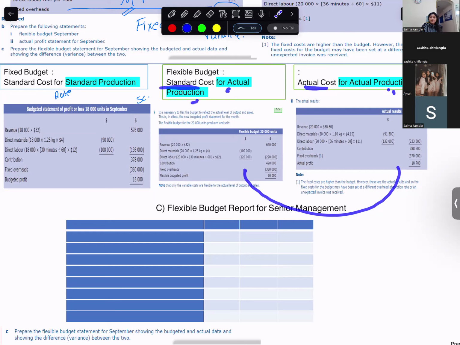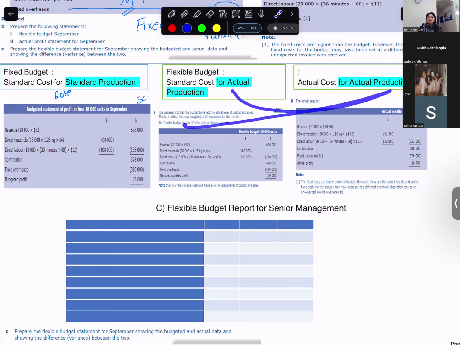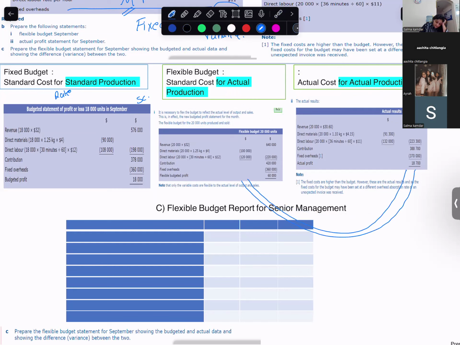This is something that you need to drill in your mind. You need to flex the budget because your production level should be the same. Now if you see over here, you are going to do variance analysis for these two, right? As per your expectation, you should have made a profit of 80,000.